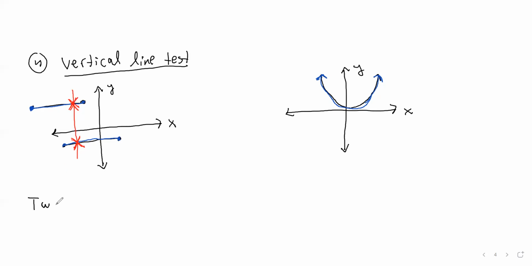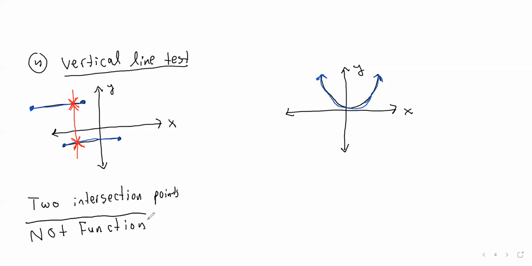So 2 intersection points. And what the vertical line test says, if there's a line with 2 or more intersection points, this is not a function. So this first graph here is not a function.